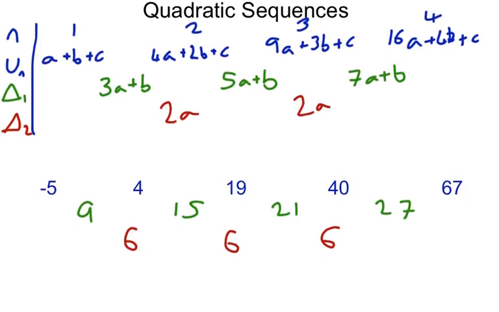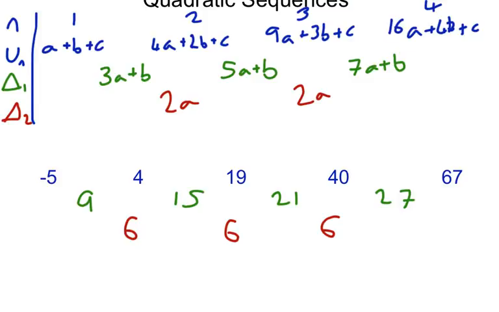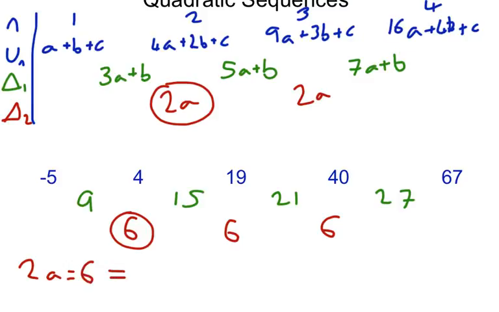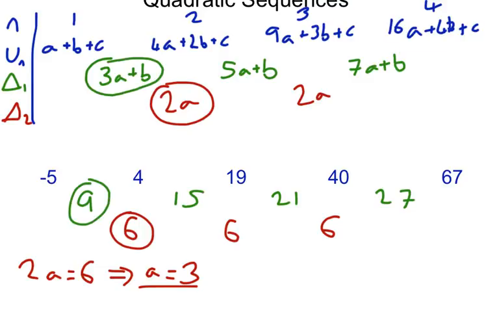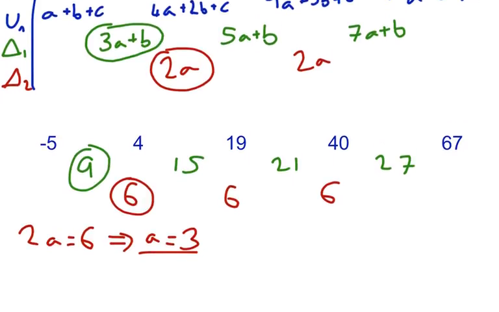And then we compare the two tables. So the 2a there goes with the 6 there. So 2a is equal to 6. That gives us a is equal to 3. Now we compare the 3a plus b with the 9. That gives us 3a plus b is equal to 9.